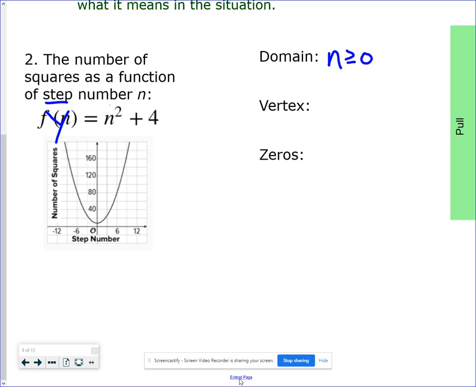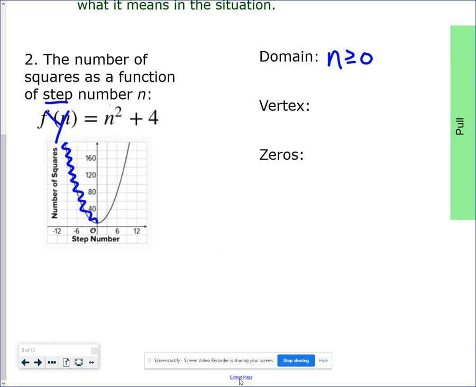That means this part of the graph has no meaning. If I just graphed y equals n squared plus 4, that would be the entire graph. In this situation, the negative x values don't make any sense, so I would not have that as part of my domain, okay?